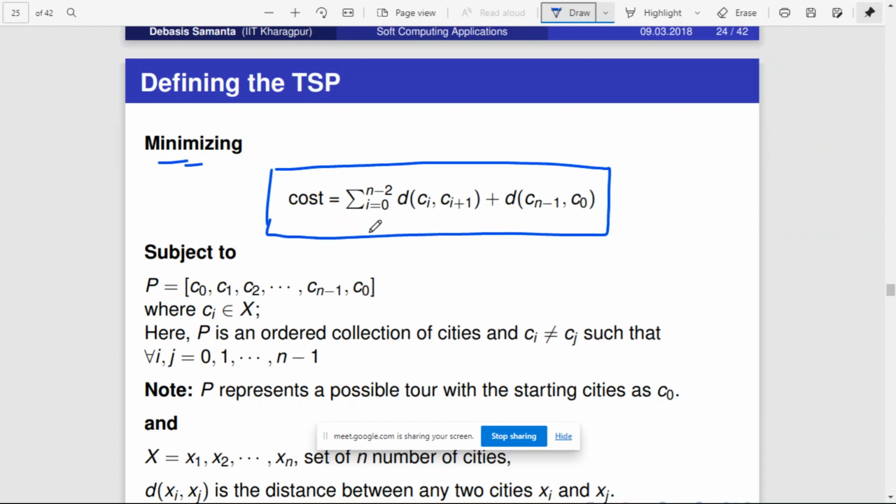How is this cost function given? Sigma i is equal to 0 to n minus 2. Okay, so there are n cities. If I number from 0, it will go up to what? If there are n cities, if I number from 0, it will end at what?